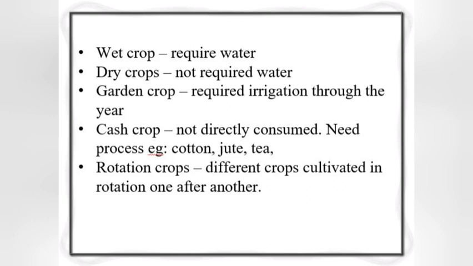Garden crops are supposed to be given care in terms of watering, that is irrigation, throughout the year, right? A wet crop requires water for irrigation while being cultivated, for example rice and sugar cane.